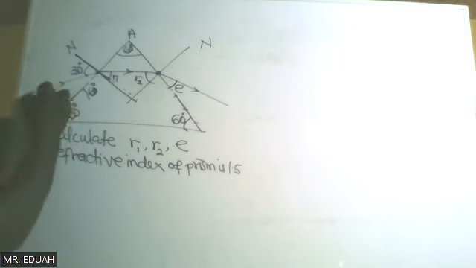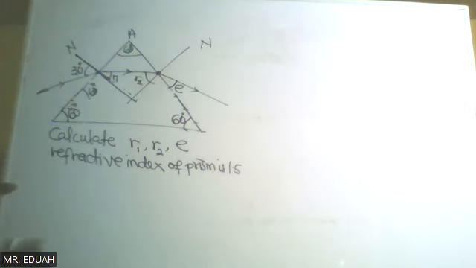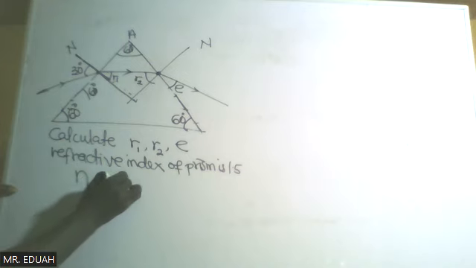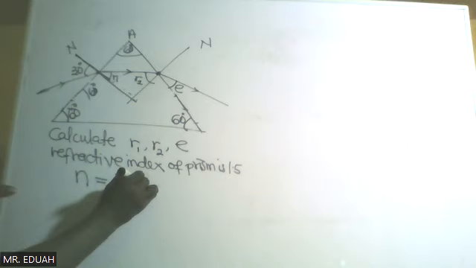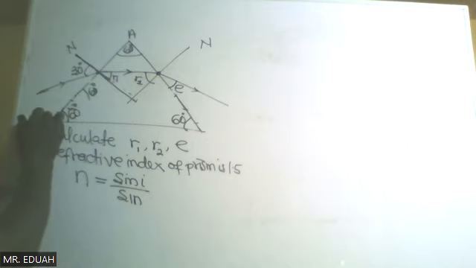Now, the incident ray is from air to glass. And so using Snell's law, the refractive index of the glass prism will be equal to the sine of the angle of incidence, sine I, over the sine of the angle of refraction at the plane.